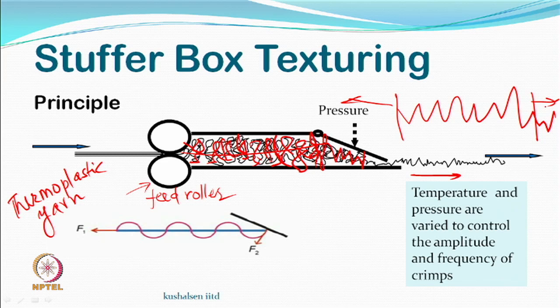Okay. So, the interesting part is, it is a very simple process: just throw something in the box, it will bend. As it bends, you heat it, set it, and after setting you can remove it under low tension, so that the crimps remain.